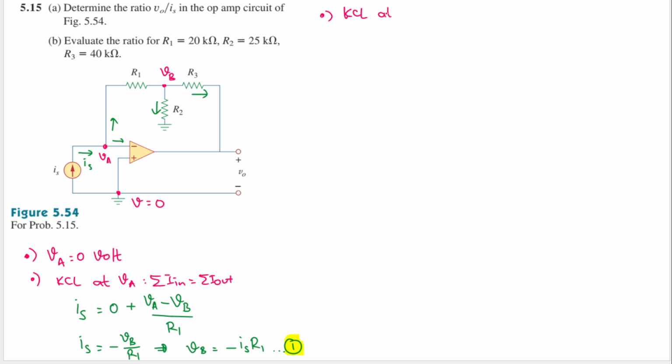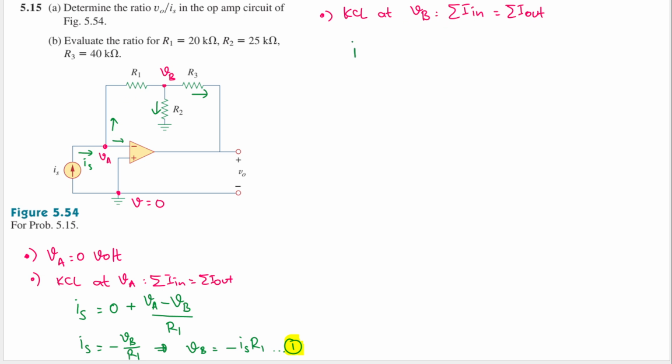KCL at VB. KCL says that the sum of the current that goes in will equal the sum of the current that goes out. The current that goes in is IS, and remember that this is equal to IS.